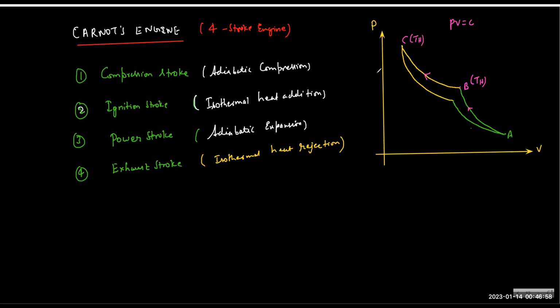Yes, sir. Then C to D, what will happen? Adiabatic expansion. Yes, this is the power stroke. In the power stroke, when we expand adiabatically, you go to the low temperature, TL.